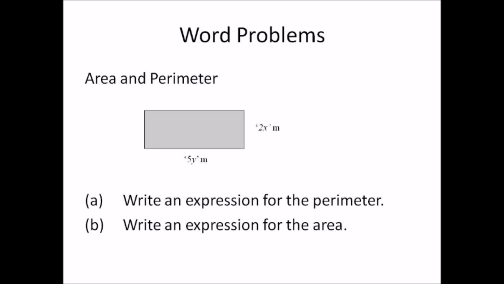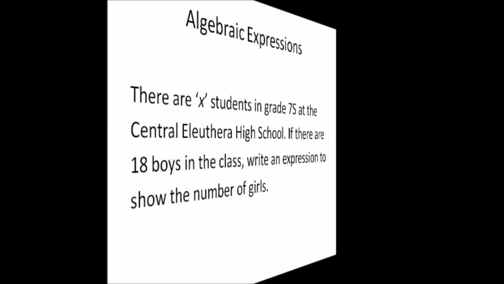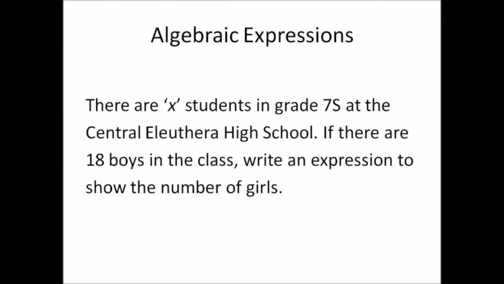Giving you enough time to work it out. Got it? And there are x students in grade 7S at the Central Eleuthera High School. If there are 18 boys in the class, write an expression to show the number of girls.